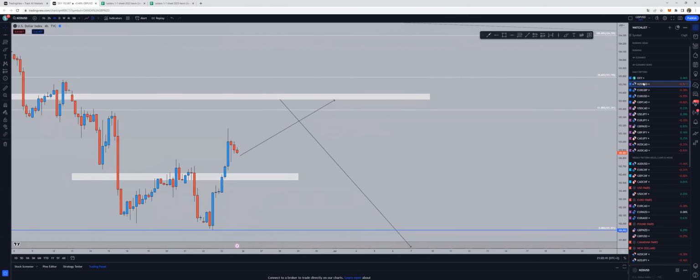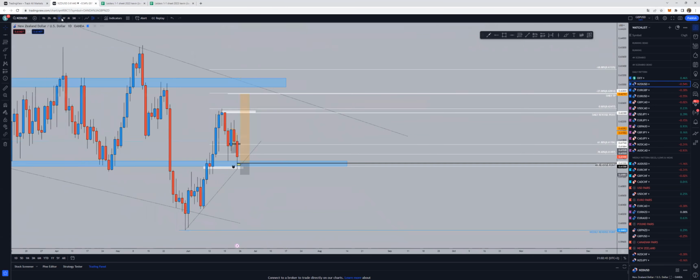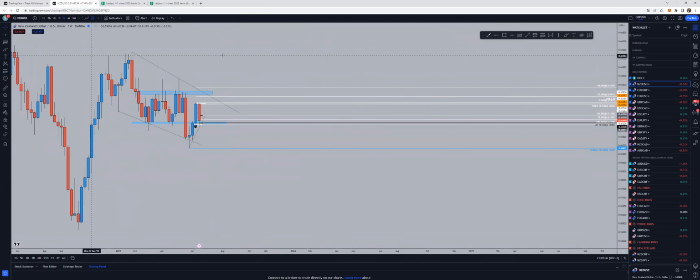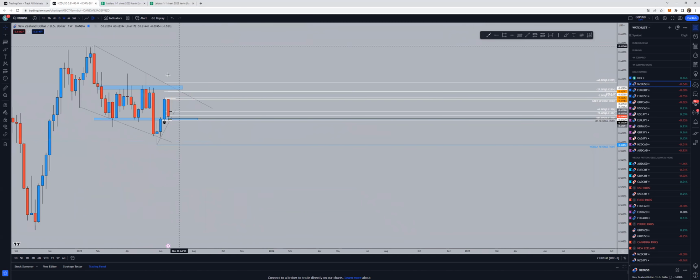Then NZDUSD. If I go on the daily or weekly first, on the weekly, what can we see? We have that weekly bearish candle close, but we are at an important buying zone. These are clear buyers, and every time we went till these highs, this is aligning with that smaller bearish W here that can play out, where we can potentially make a fake out flag from first leg, second leg, third leg, then a fake out flag back to the downside.